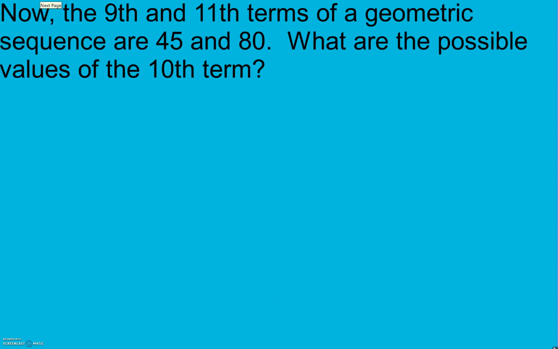9th and 11th terms. So we have our 9th term, 10th is what we're looking for, and our 11th term. The 9th is 45, 11th is 80. So we're going to take the square root of 45 times 80. 45 times 80 is 3,600. So when I take the square root of that, I get plus or minus 60.